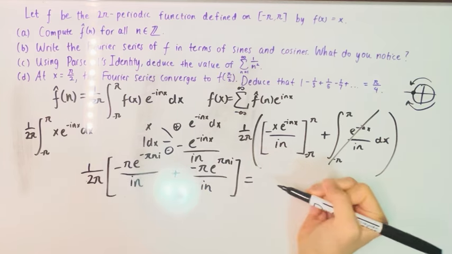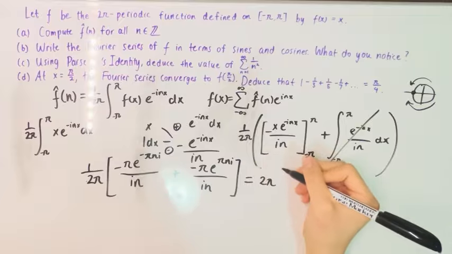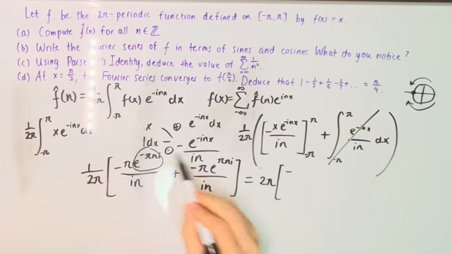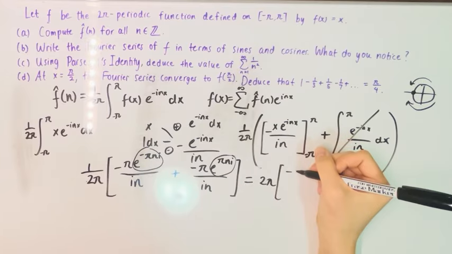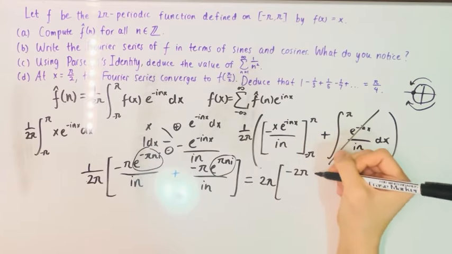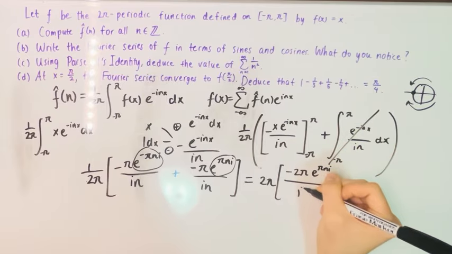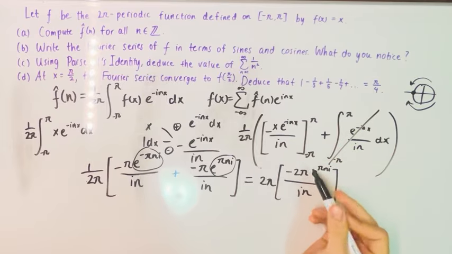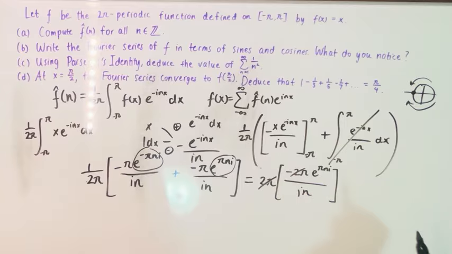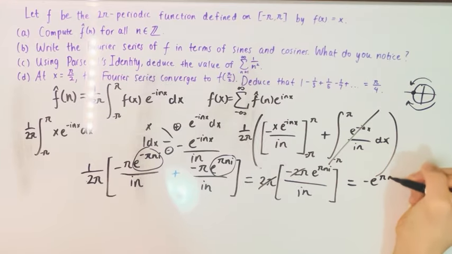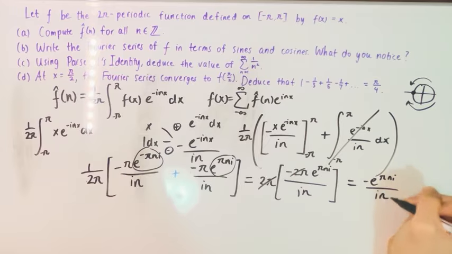So this turns out to be 2 pi times negative, and again, these two terms are equal, so we just have negative 2 pi e to the pi n i over i n. And these will cancel. So we get negative e to the pi n i over i n. Now the question is, can we simplify this more?